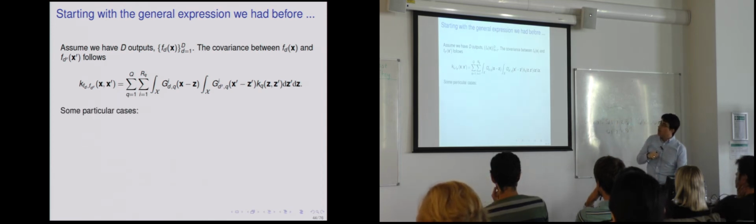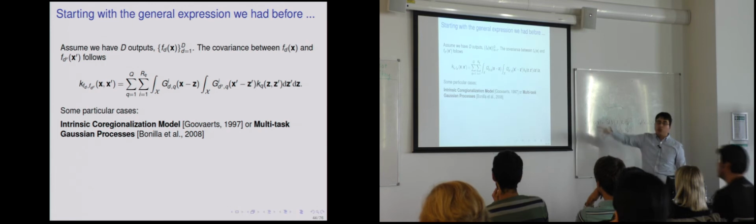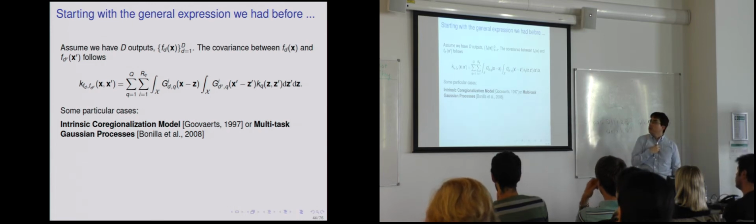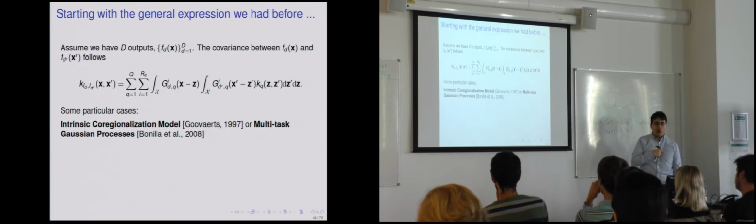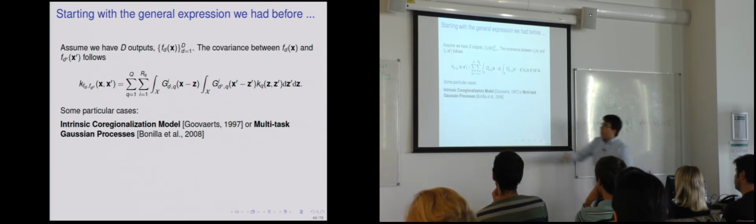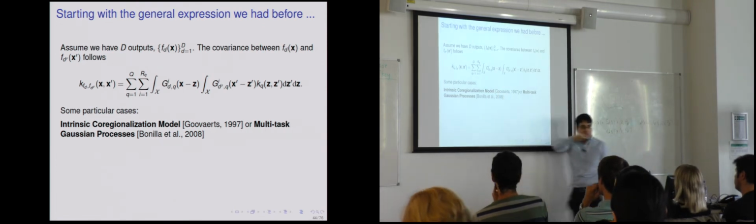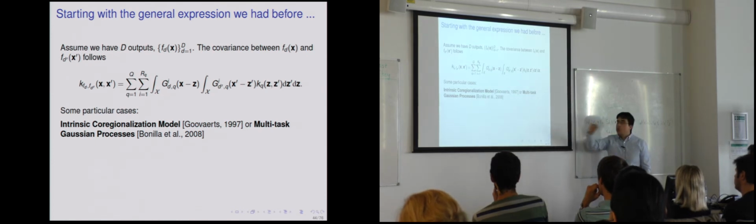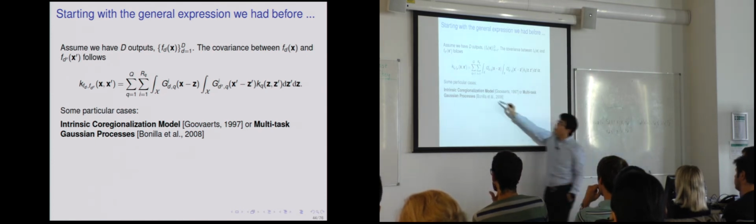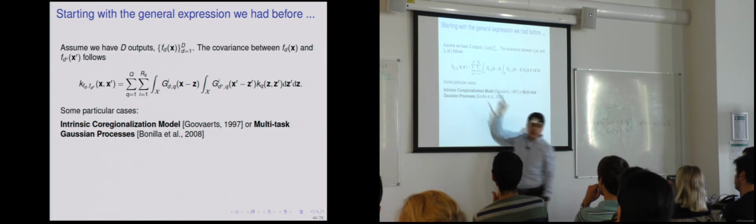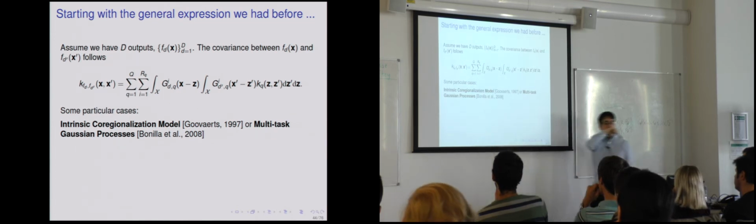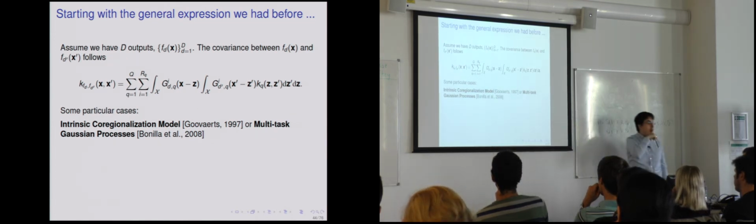So, for example, the intrinsic coregionalization model and the multitask Gaussian process. How can we get the intrinsic coregionalization model from this expression that you see here? For the intrinsic coregionalization model, we would say capital Q is equal to 1. Very good.